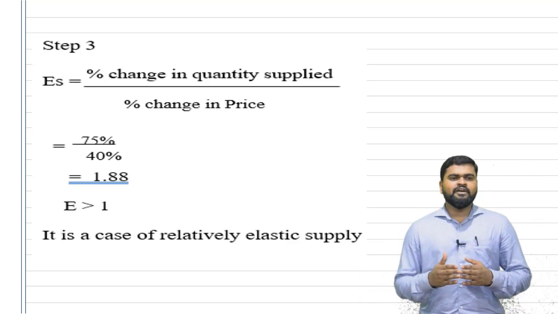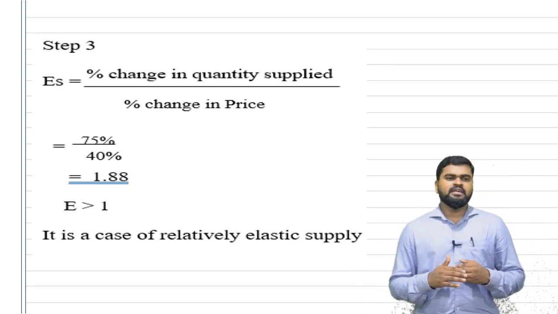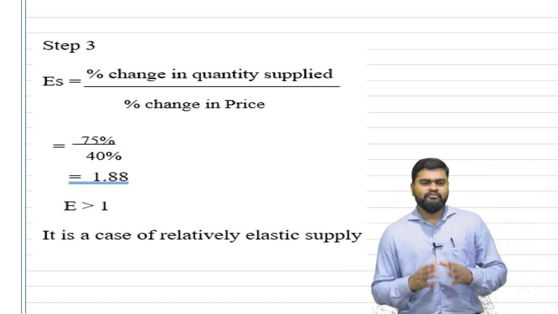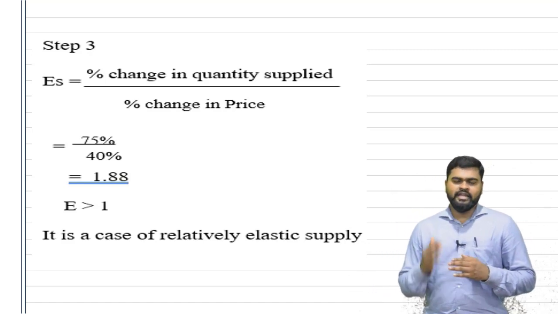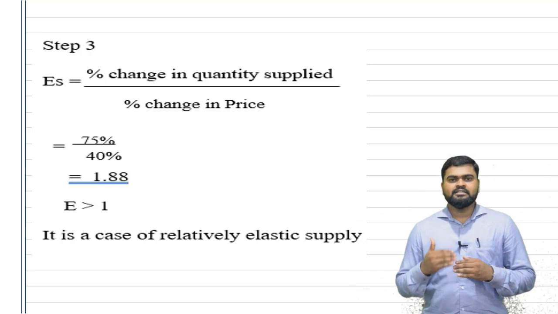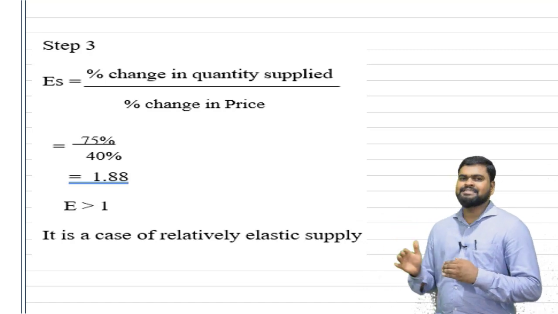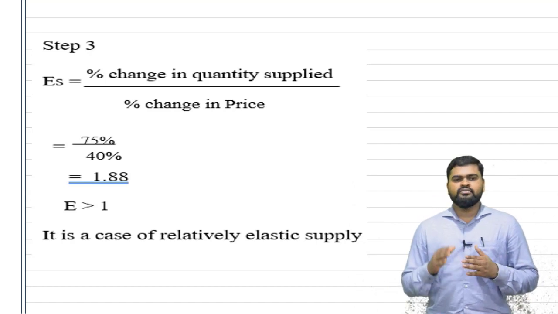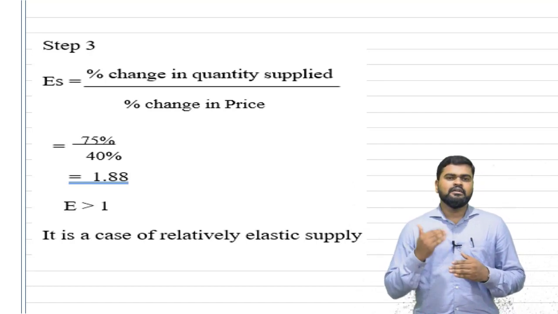So 75% divided by 40%, we get 1.88. So the final answer is 1.88, which is greater than 1. So here elasticity of supply is greater than 1. That's why it is a case of relatively elastic supply.